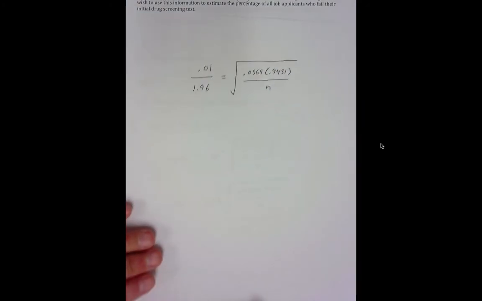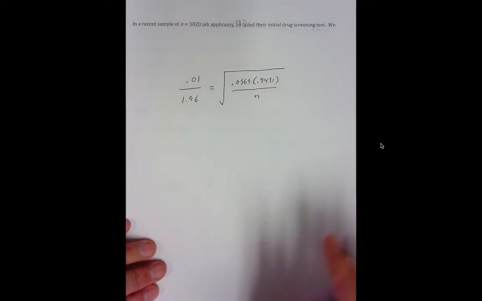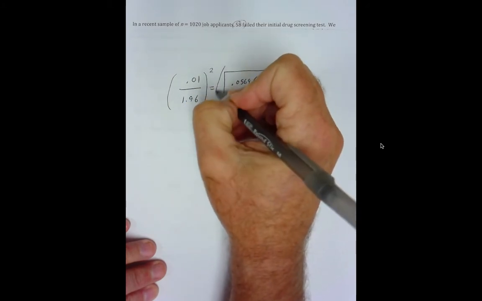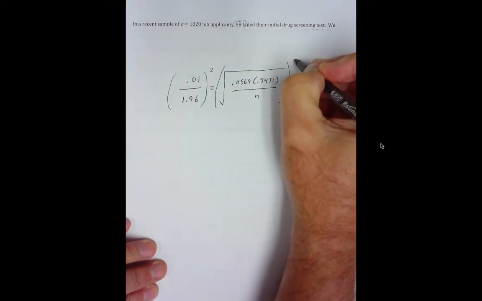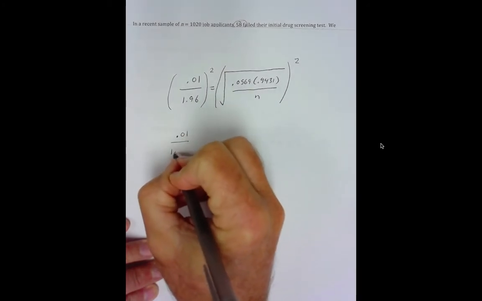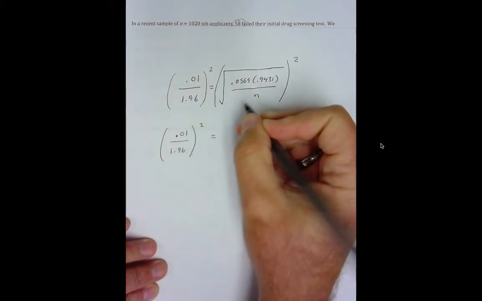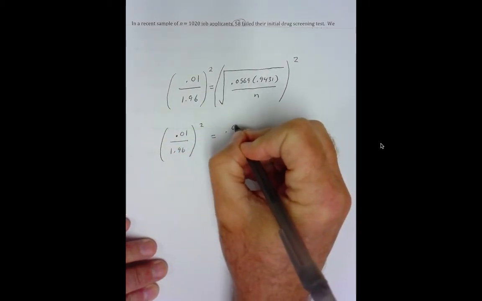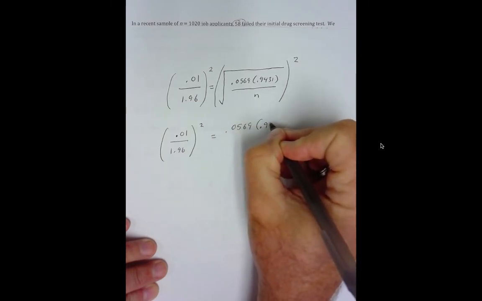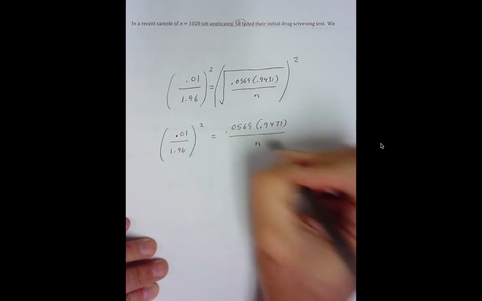All right, next step you would think would be what? Square both sides? So on the left-hand side, I have 0.01 over 1.96 quantity squared, and over here I have 0.0569 times 0.9431 over n.